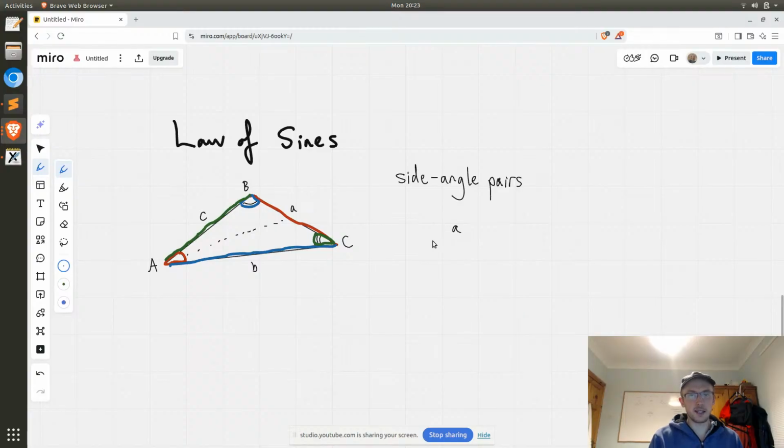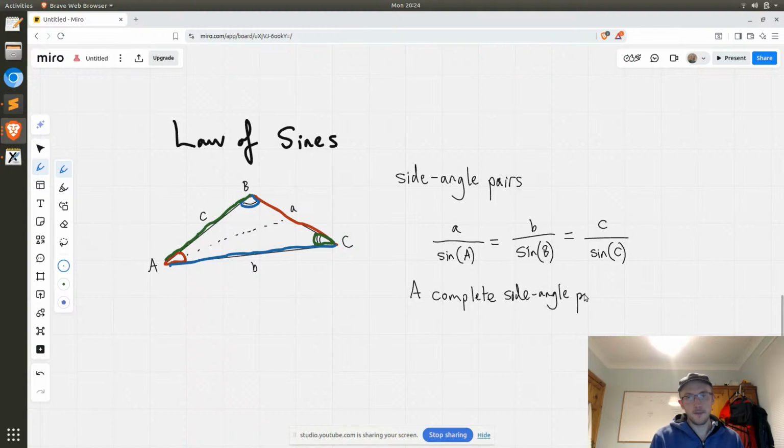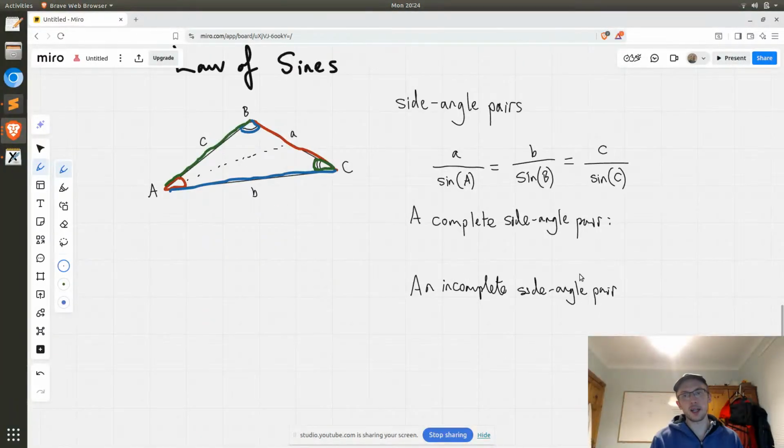It turns out that the length of A divided by the sine of angle A is exactly equal to the length of B divided by the sine of B, which is also exactly equal to the length of C divided by the sine of angle C. And therefore, if we have a complete side angle pair and an incomplete side angle pair, then we can complete the incomplete side angle pair.